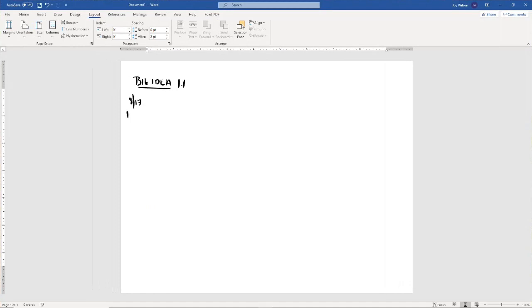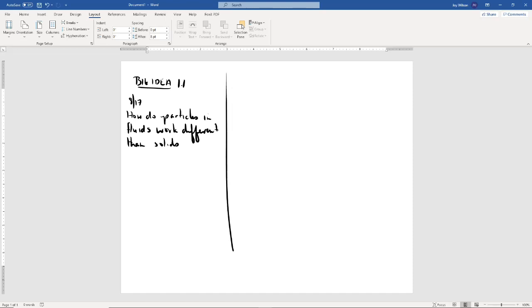8/17, how do particles in fluids work differently than solids? So I've made my notes, and the only thing I'm going to put on this page in my notes is literally answers to this question.